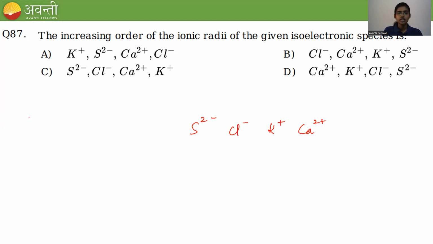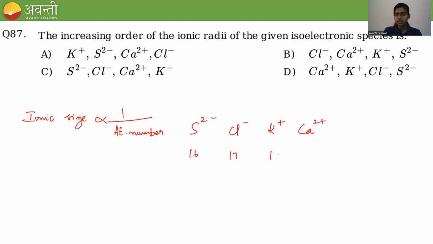The relation which you have to use to find out the ionic size is that it is inversely proportional to the atomic number. Since all the species have the same number of electrons, go with the atomic number. Atomic number of sulfur is 16. Atomic number of chlorine is 17.